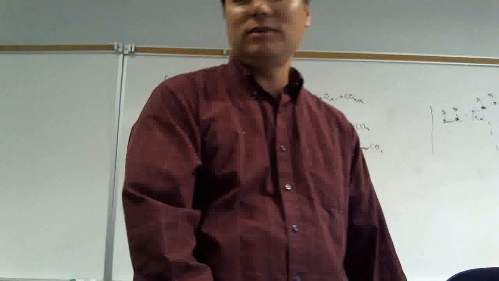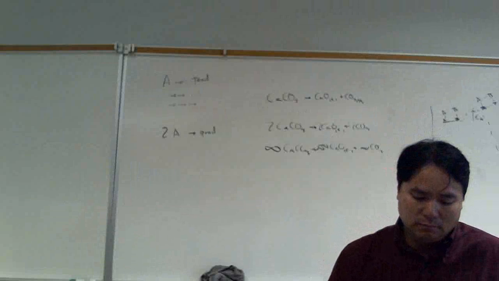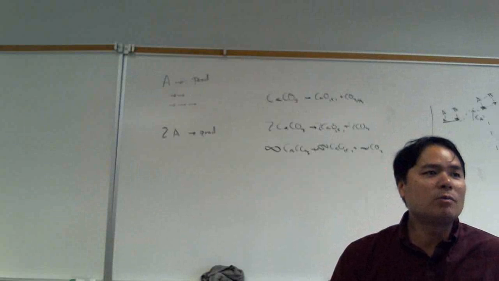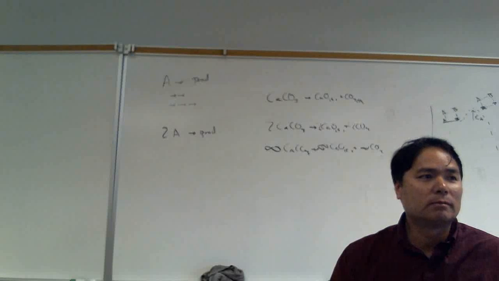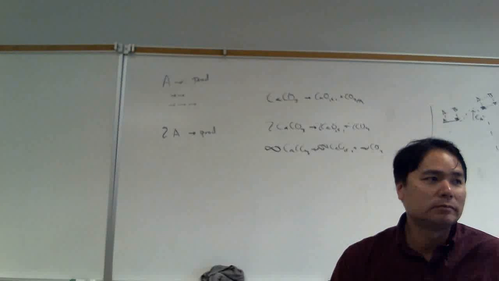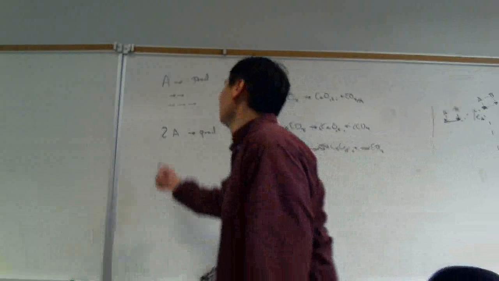No, I think I gave you some questions on the multiple choice, didn't I? You could say it's unimolecular if what were true. Yes. You could say it's bimolecular if what was true. This would be bimolecular.